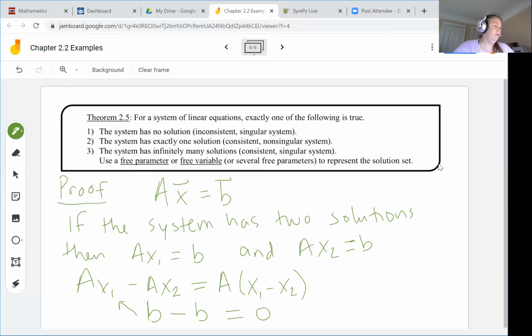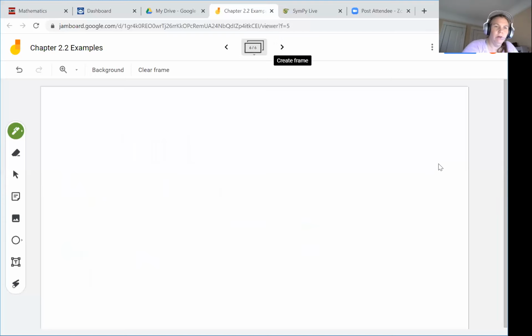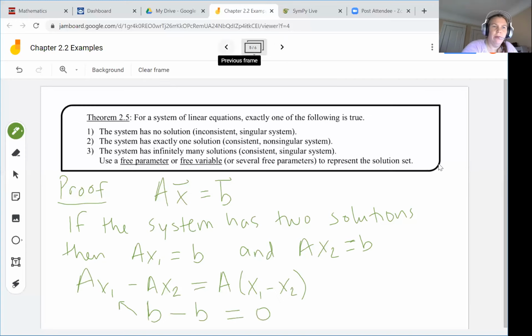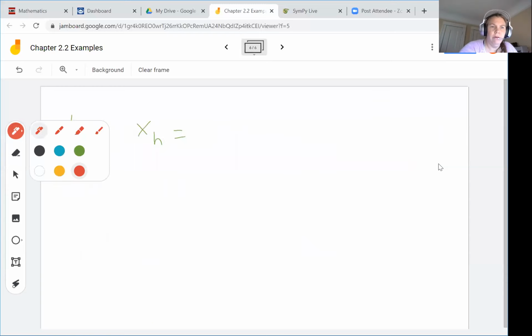All right, so we're going to let some other variable X sub H equal this back here, the X1 minus X2 difference. So X sub H is a non-zero solution to this homogeneous equation.